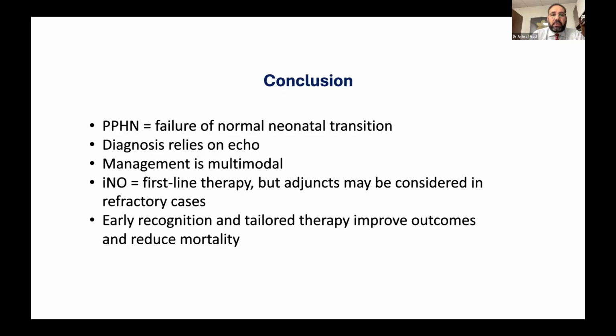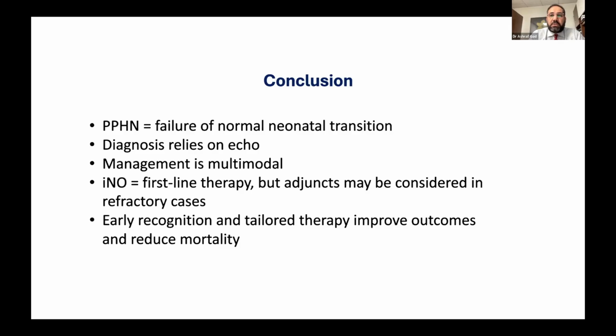We need to target the lung, the vascular system, and the heart as well. Keep in mind, if you have to invest, you need to invest in having inhaled nitric oxide in your NICU, and recognizing these babies is very important.